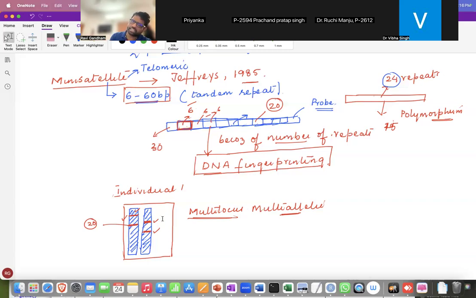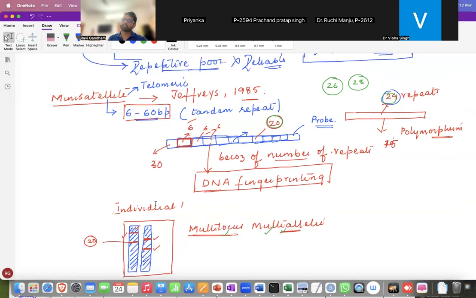It can be present at several places in the genome, but at the same locus alone, it can be multi-allelic. Means one individual can have 20, the other individual can have 24, some other individual can have 26, some other can have 28, you understand? Or 27 or 25, whatever it is, there'll be as many bands as possible in the population. So that's why you call it multi-allelic. Is that okay? And it's multi-locus. Multi-locus means it can be present anywhere.